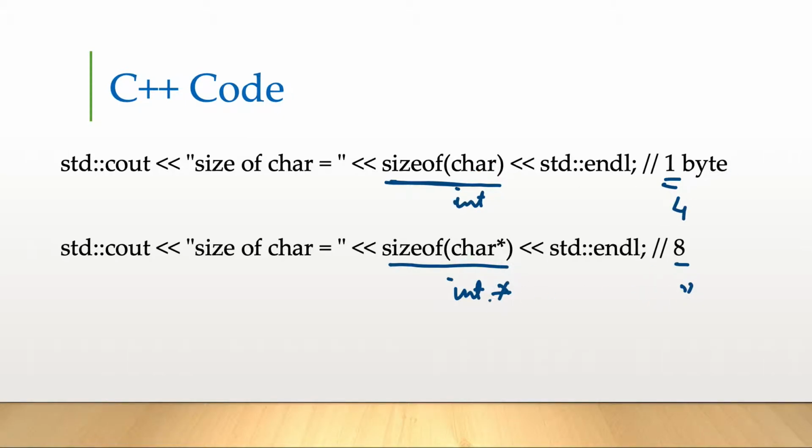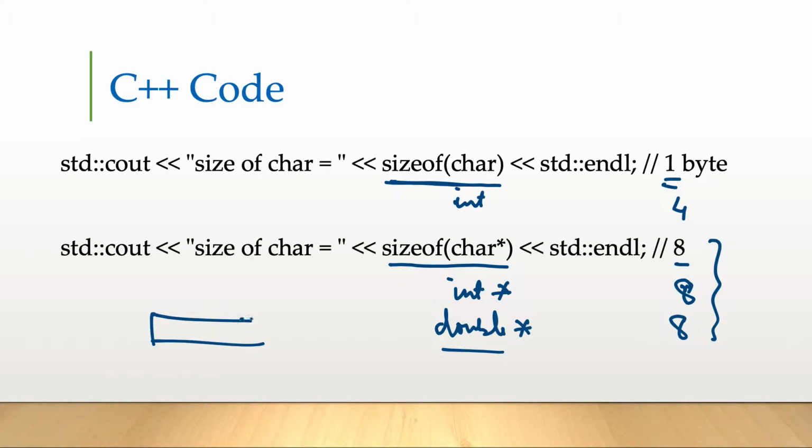But in the case of char star or int star or double star or float star, it will always print the same value depending on the system, because these all store some address of the memory, which depends on how many bits the system is. So this is independent of the data type's size, whereas the sizes of the data types are different.